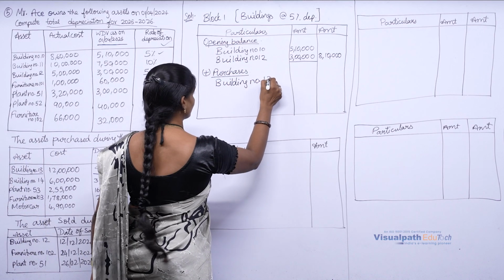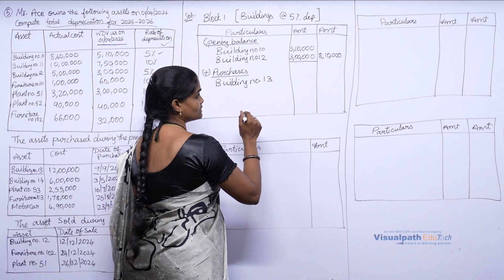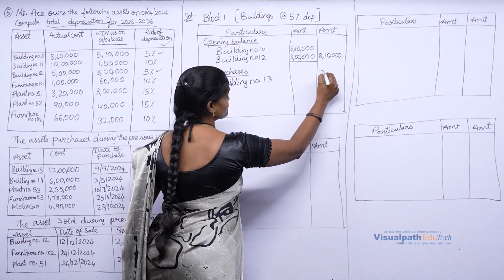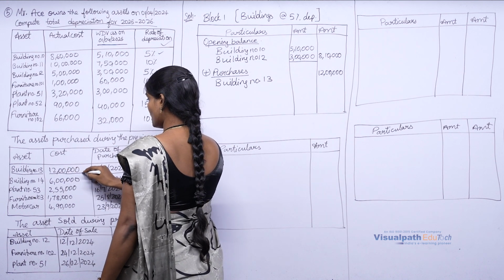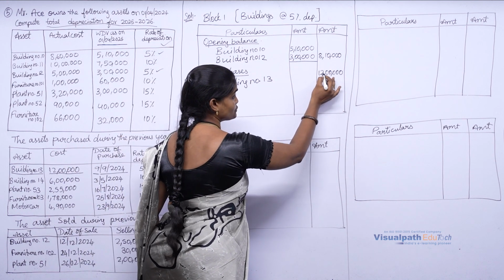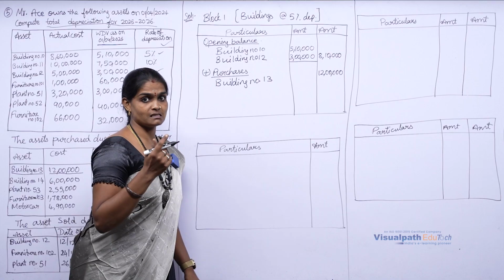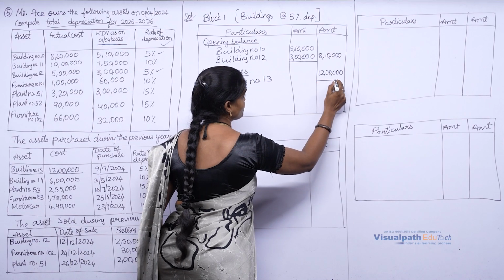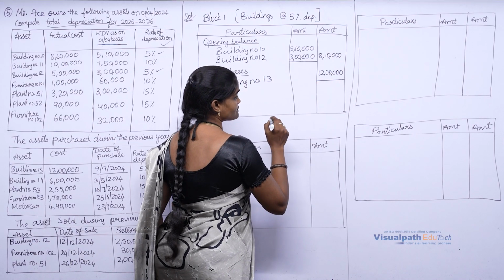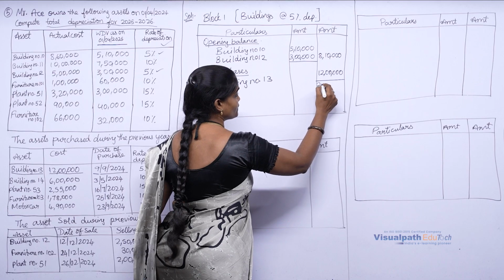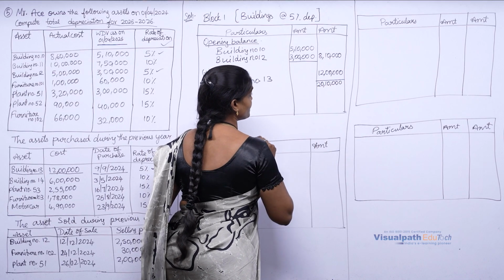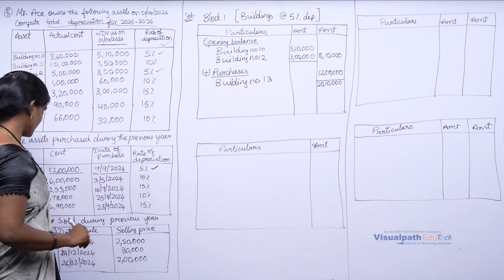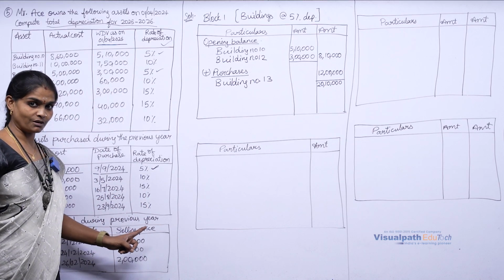Building number 13, whose value is 12 lakhs. Now add these two. Opening balance plus purchases: 8,10,000 plus 12 lakhs. How much will you get? You will get 20,10,000.